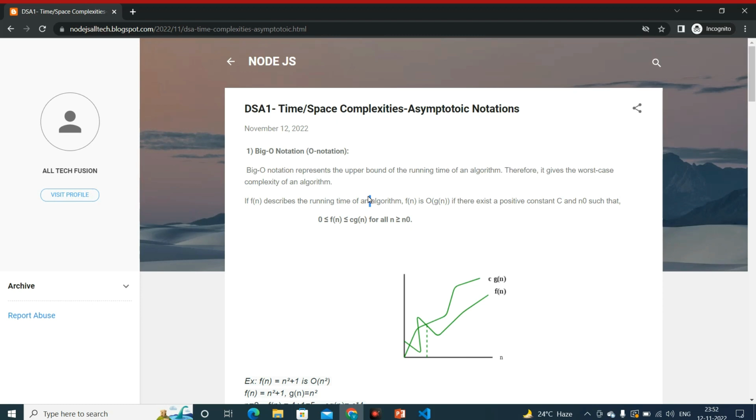If we move towards the definition, the definition of big O notation is: if f of n describes the running time of an algorithm, then f of n is big O of g of n if there are positive constants c and n0 such that 0 is less than or equal to f of n, which is less than or equal to c g of n.